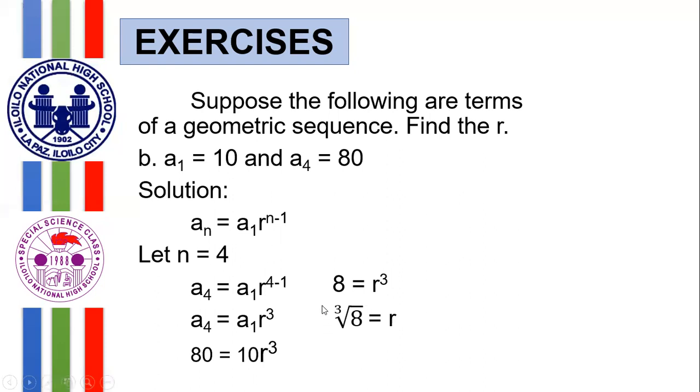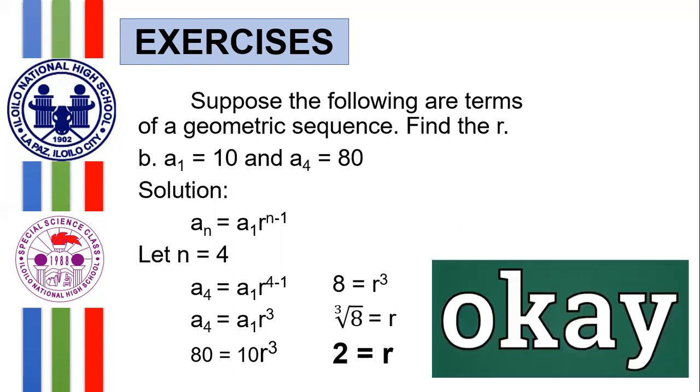Remember, you place only a plus or minus symbol here if you have an even index of the root, like 2, 4, 6, like square root, 4th root, 6th root, 8th root, and so on. We know that the cube root of 8 is 2. Hence, the common ratio of this geometric sequence is 2. And if you got 2, okay, I hope you got it.